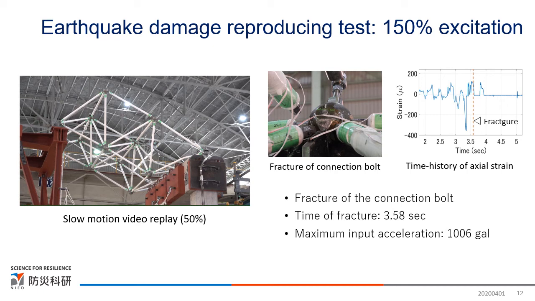The maximum floor acceleration is 1006 GAL and corresponds to the peak ground acceleration of the 2016 Kumamoto earthquake. The original upper chord fractured at the local buckling located in the center. The difference in the fracture location might be caused by the size effect.